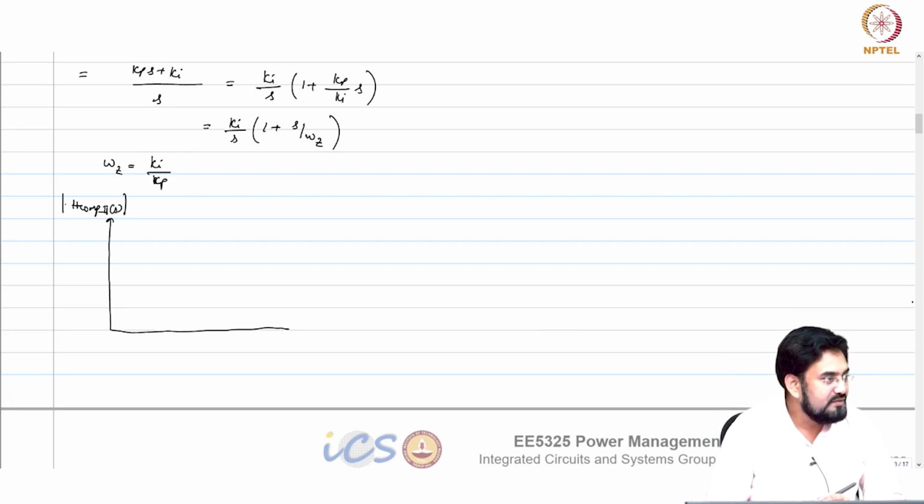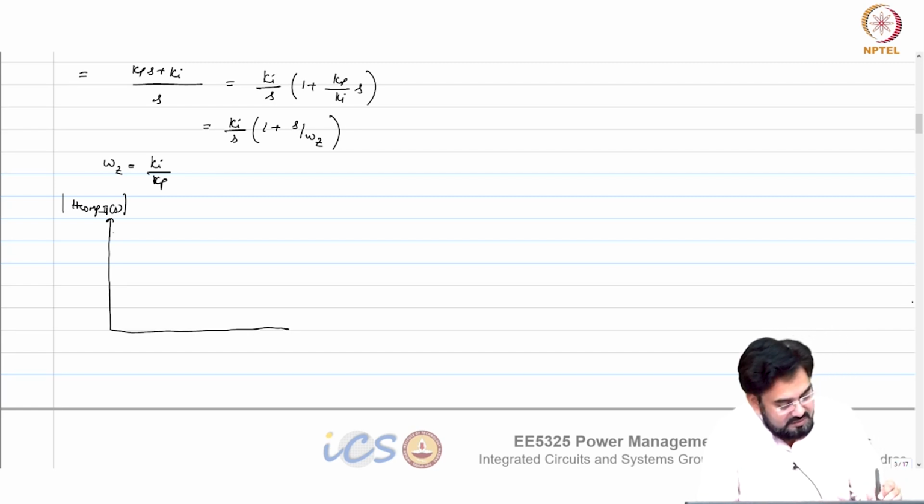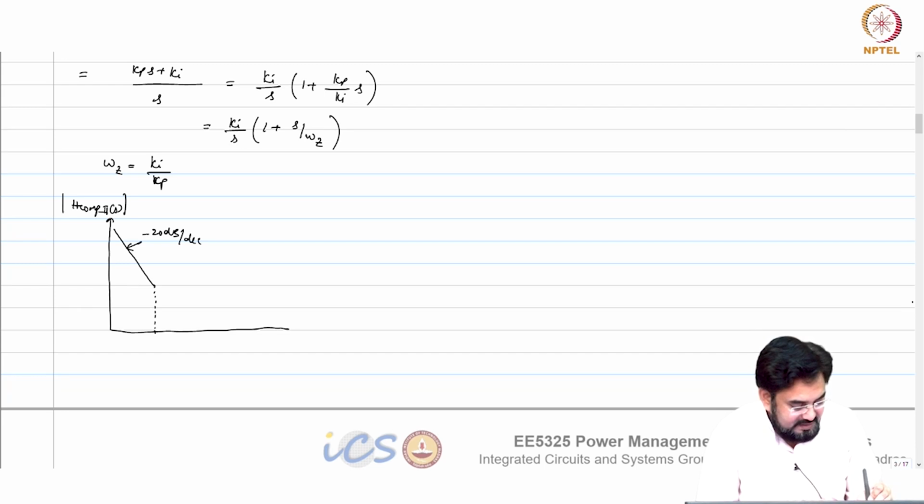Straight line and then flat. Minus 20 dB per decade. Okay. So let us say this is omega z.